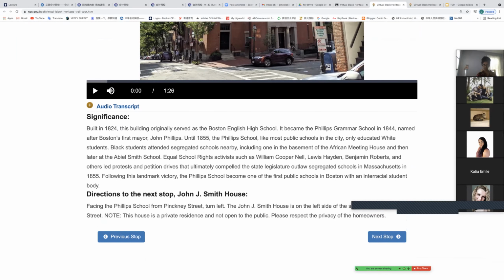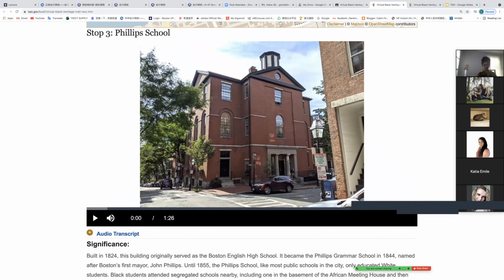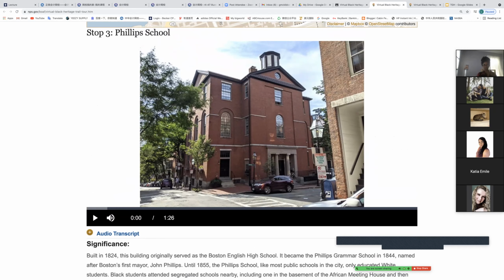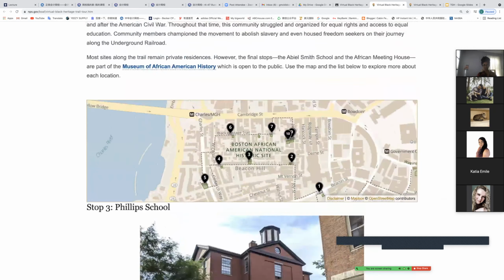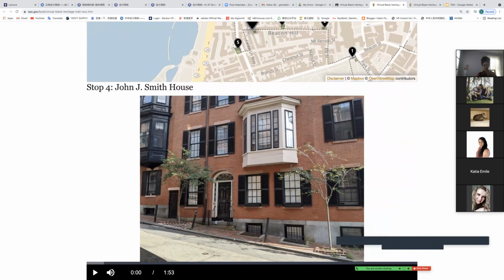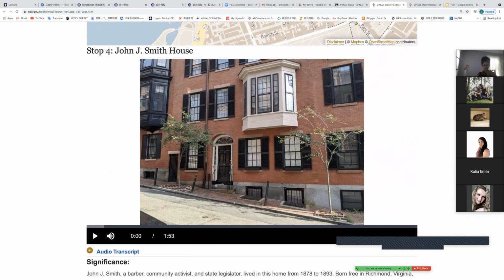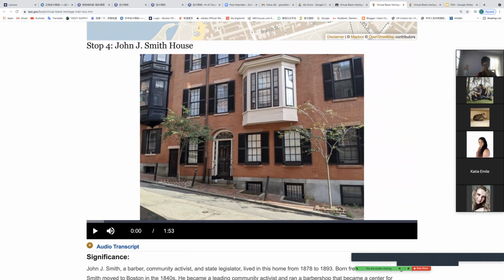So the Black people, the meeting is in the house, and the white people are students in the school. So the education is the first, and the Black people are students in Boston.